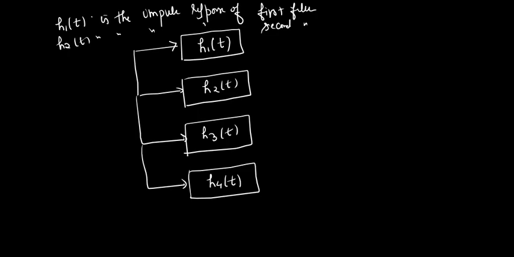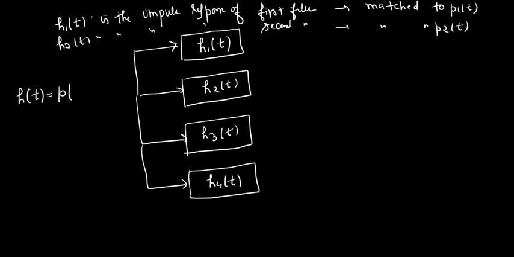This is a filter bank. You have to put a bank of filters, H1(t), H2(t), H3(t), H4(t), where this one will be matched to P1(t) and this one matched to P2(t). Matched means h(t) must be equal to P of T minus t.